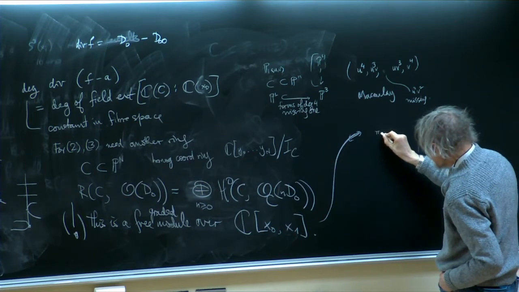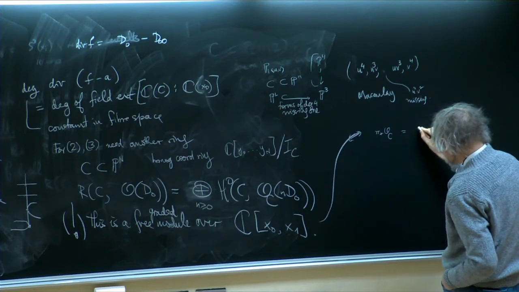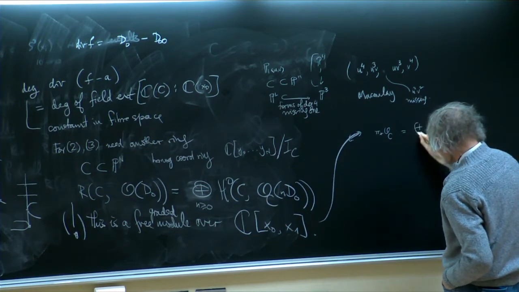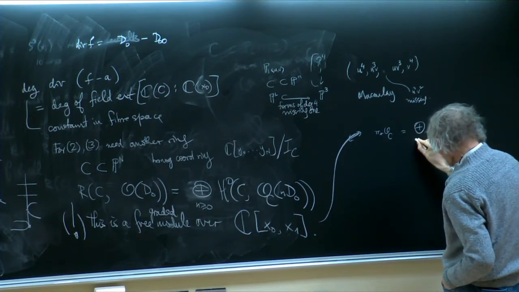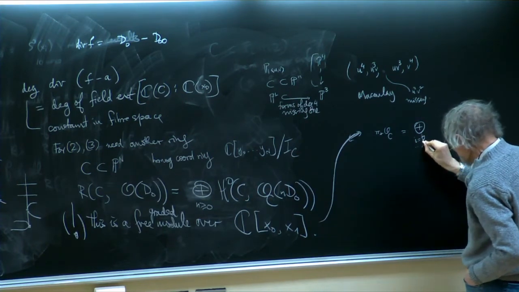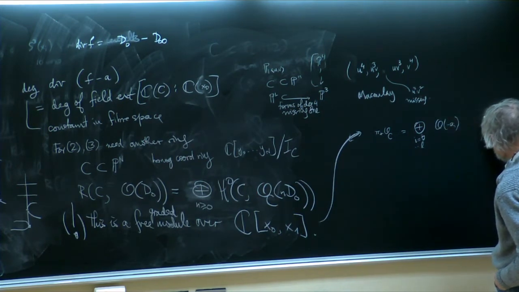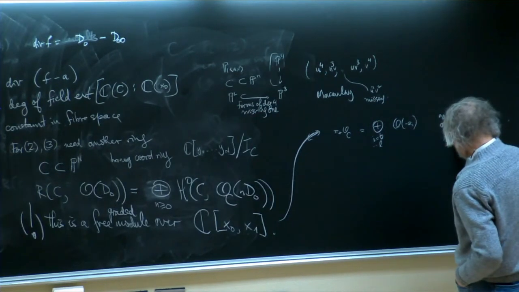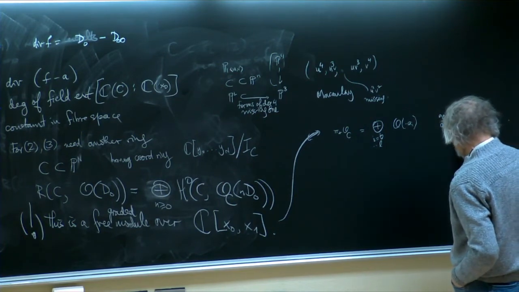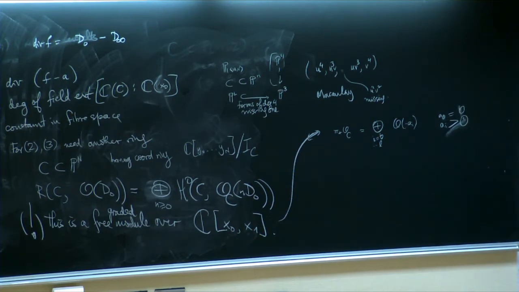pi lower star of OC is the direct sum, i equals 0 up to l, of O of minus a_i, with a_0 equal to 1 and a_i greater than or equal to 1.